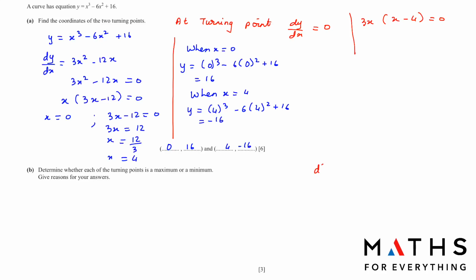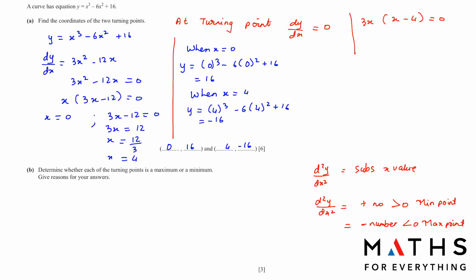So you double differentiate and substitute your x value. If it is a positive number, more than 0, that is a minimum point. And when you substitute and you get a negative number, which is less than 0, it is a maximum point.